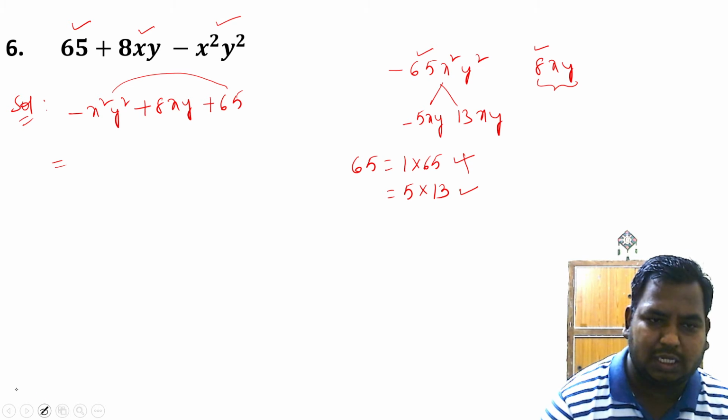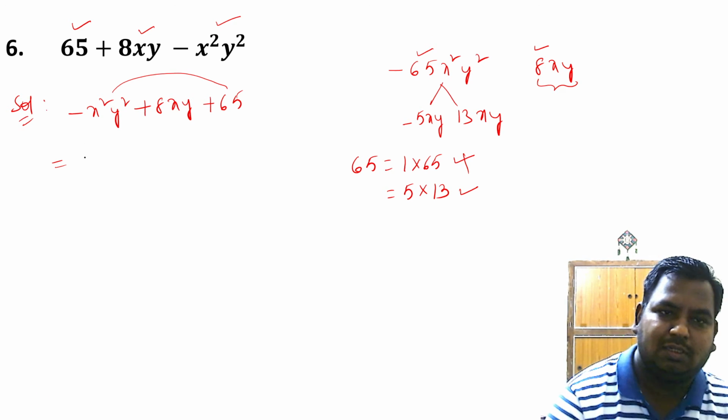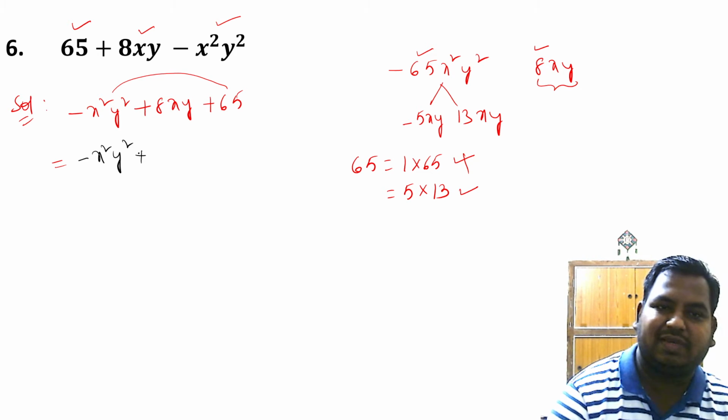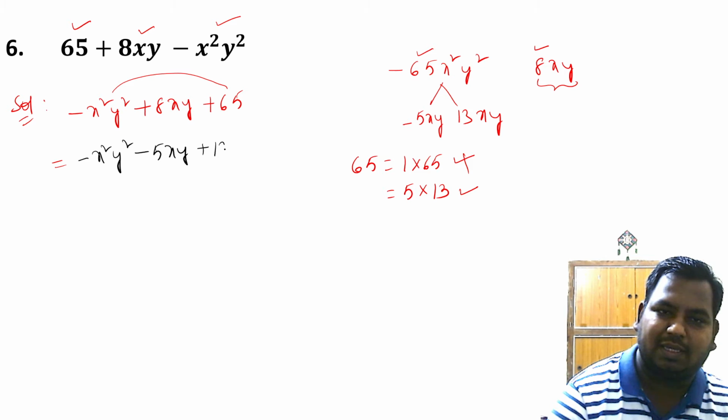Now we'll continue with the factorization. First term is minus x square y square. Second term is 8xy. We can write 8xy as minus 5xy plus 13xy, plus 65.